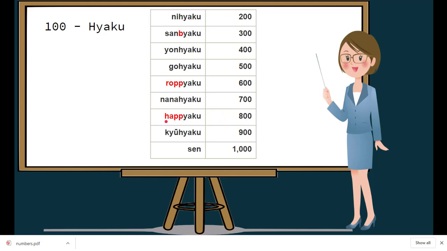Take note again that these red letters here indicate that there is a change of hachi to hap. So 800 is happyaku. 900 is kyūhyaku. And 1000 is sen.